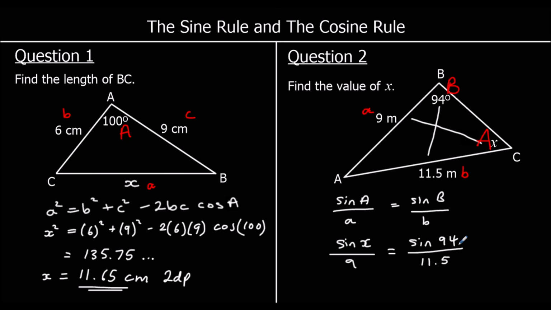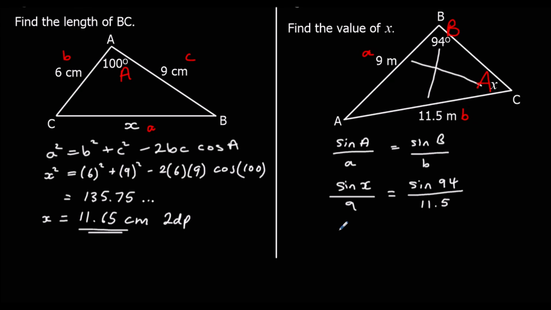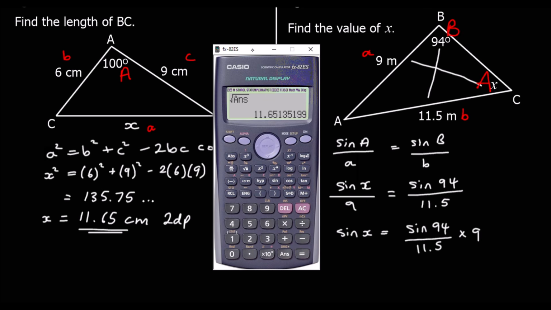So to get sine x by itself, multiply both sides by 9. So sine x is equal to sine 94 over 11.5 times 9. So let's type that in the calculator and find out what sine x is. Sine 94 over 11.5 times 9.